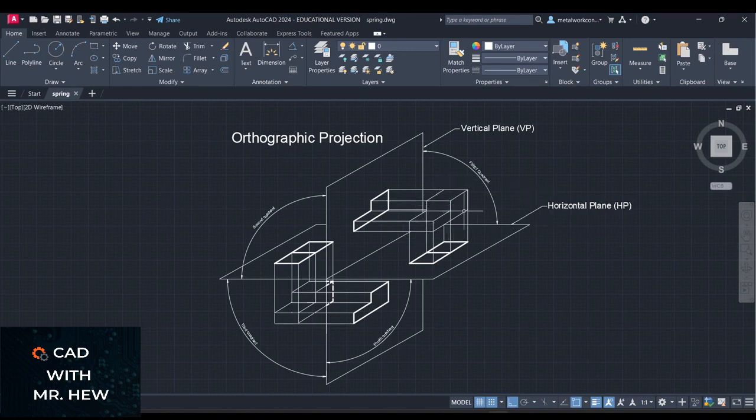So here we have an object suspended above the horizontal plane and in front of the vertical plane. Here we have the vertical plane, which is this plane.